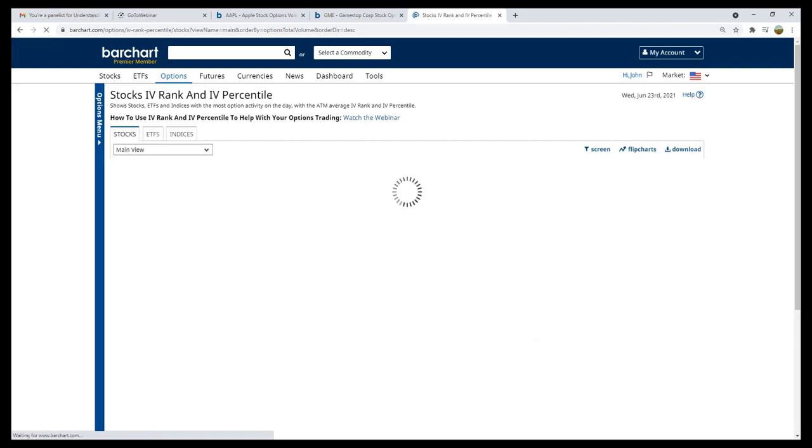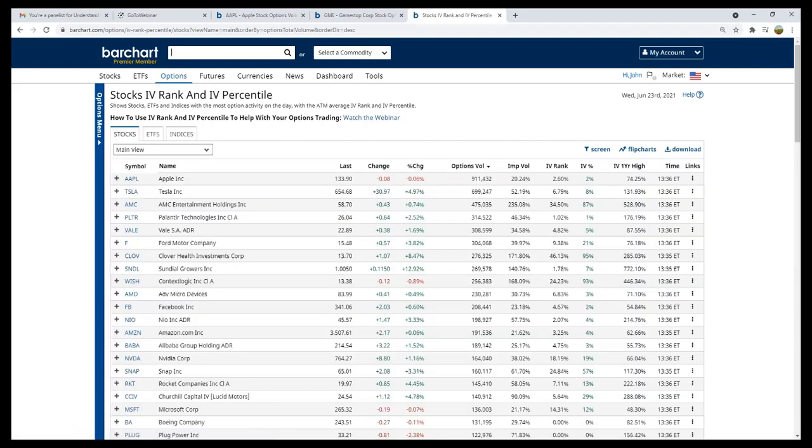So Apple is a good example because it's always one of the highest volume markets, and you can see for today it's right there at the top. We can see that the implied volatility of an at the money option right now is around 20, and our IV rank, this 20 implied volatility compared to the implied volatility over the last year, is around 2.6%.